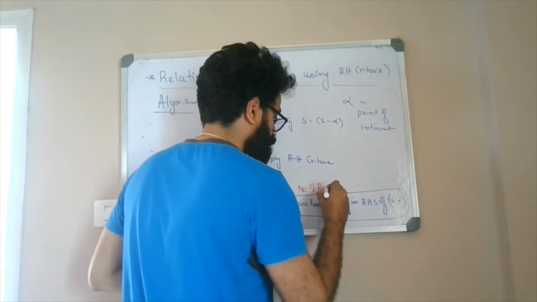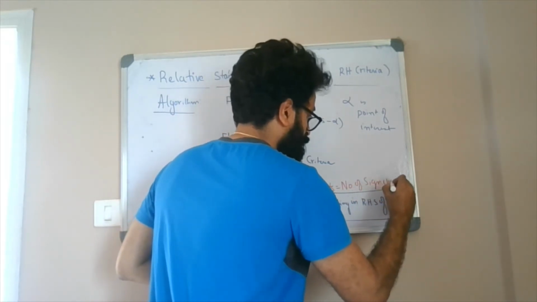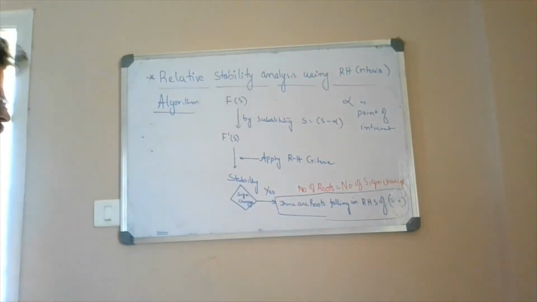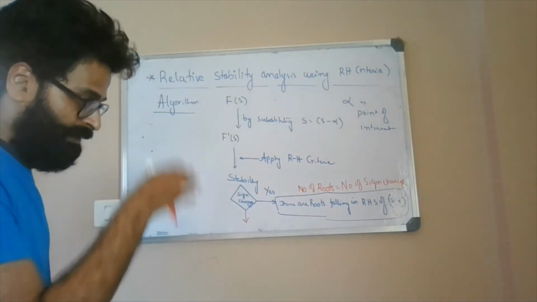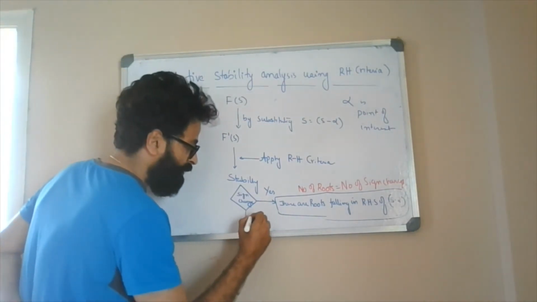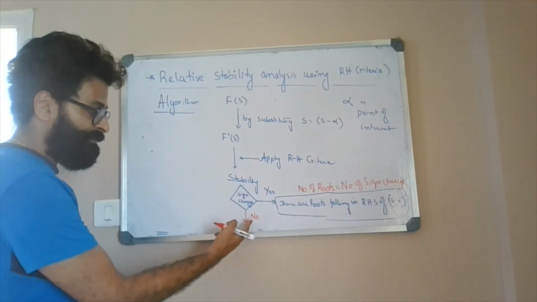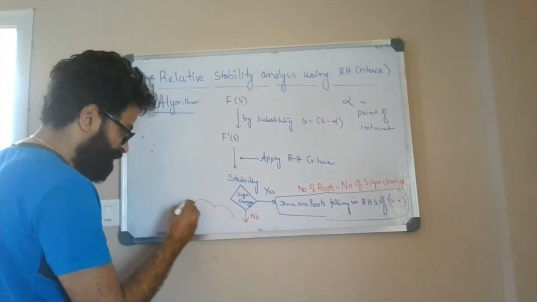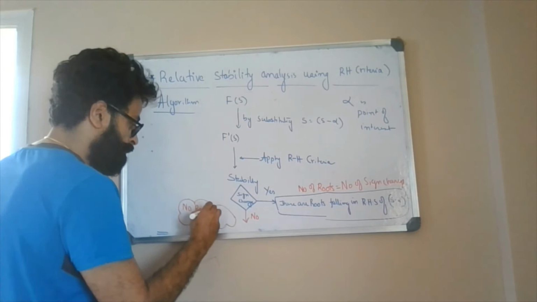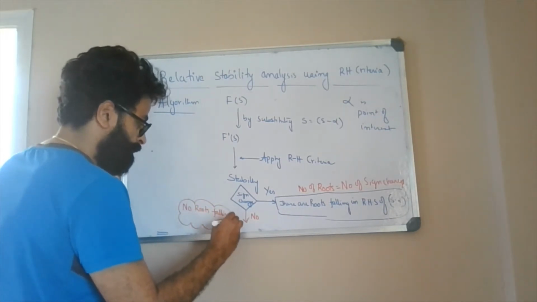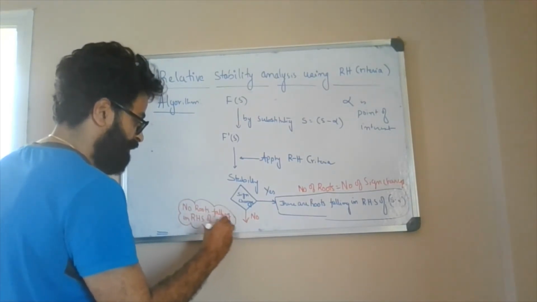The number of roots is equal to the number of sign changes. On the other hand, if in the RH array you don't observe any sign change in the first column, then no roots fall in the RHS of s minus alpha.